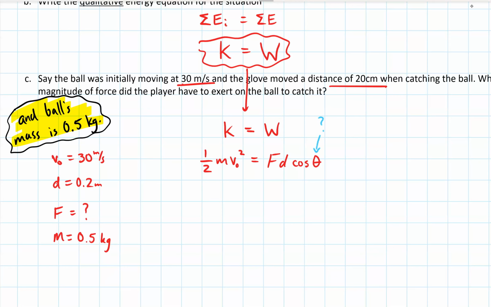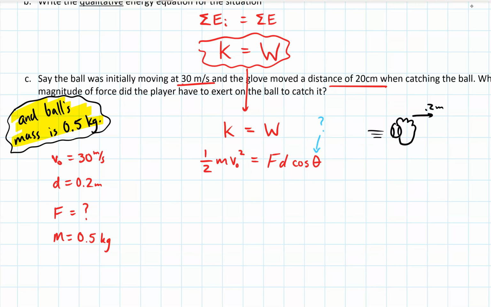What is theta? You have a baseball and a glove catching it. The baseball was originally moving to the right, and the glove is going to move this way, 0.2 meters.